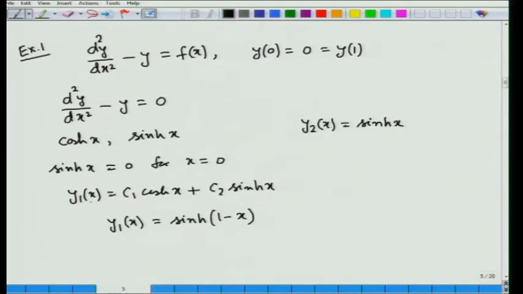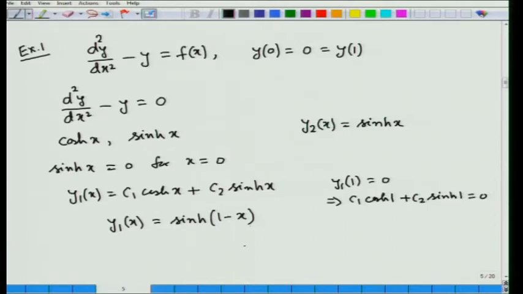This can be easily obtained, because if you claim y1(1) equal to 0, this implies C1 cosh 1 plus C2 sinh 1 is equal to 0, and from here you can find C1 by sinh 1 equal to C2 by minus cosh 1, and taking this constant of proportionality equal to 1, you can derive these quantities C1 and C2, and after substituting you can find y1(x) equal to sinh(1 minus x).